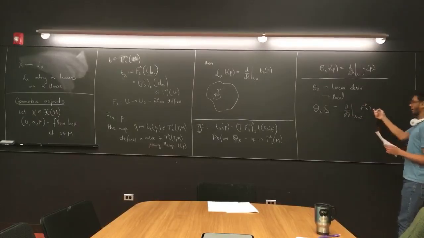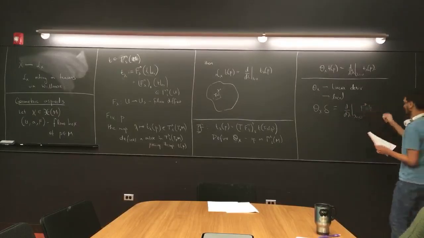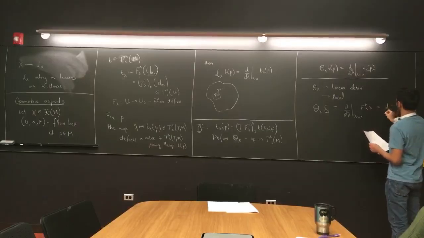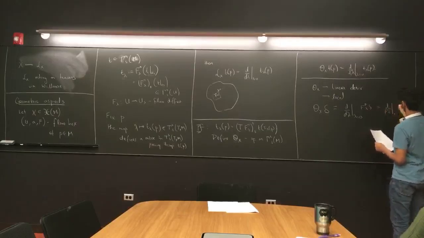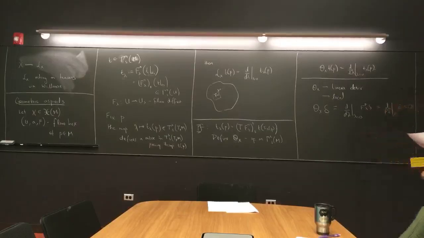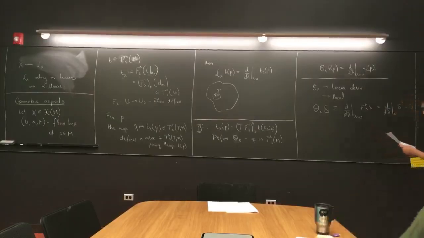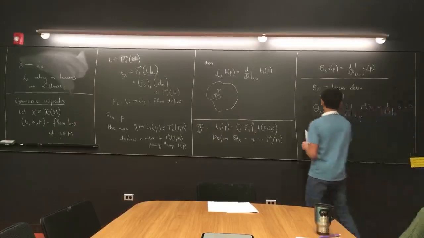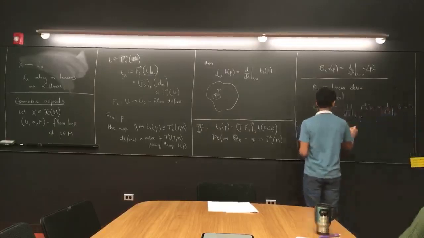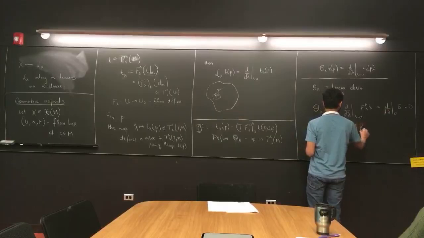But the Kronecker delta tensor is defined as being invariant under these pullbacks. So this is d by d lambda at 0 of delta, which is 0, because it's just the identity map on every point in the tangent space. So this implies that theta x is a differential operator.